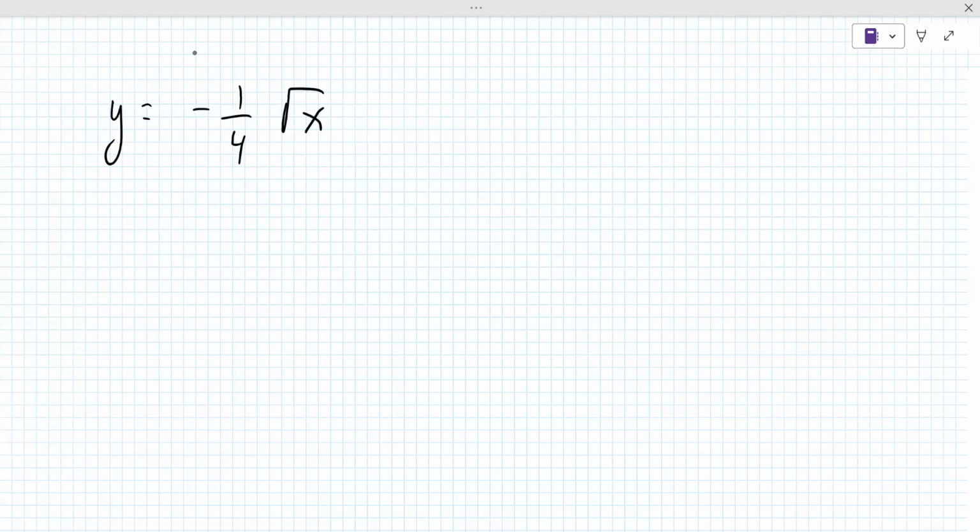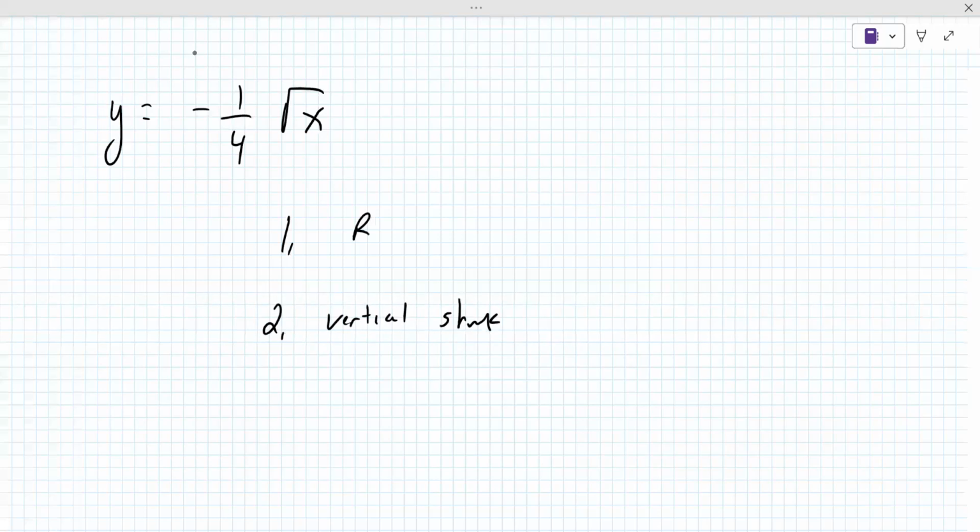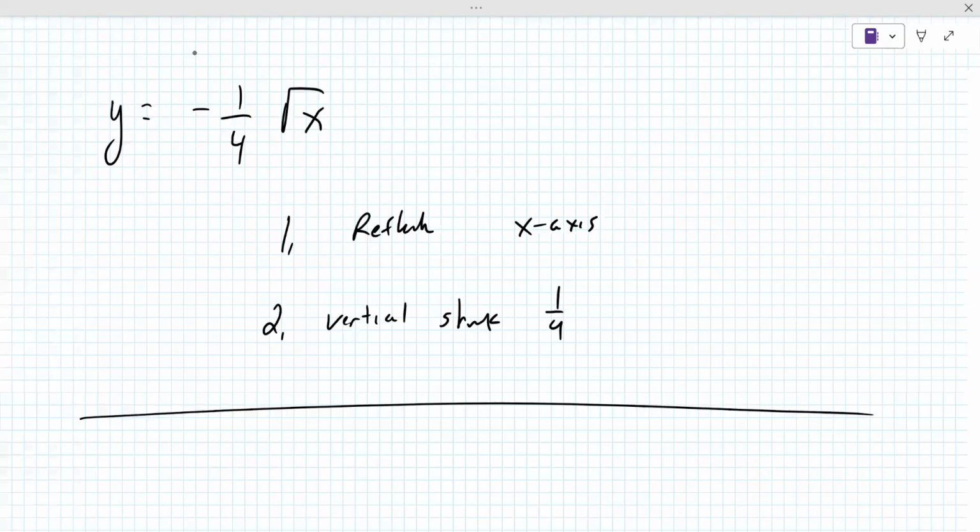Oh wait, no, vertical shrink. And the x is reflection over the x-axis. Unless maybe it's going to be y-axis, I would say. It's the x-axis. Right, good job here. Let's do another one here.